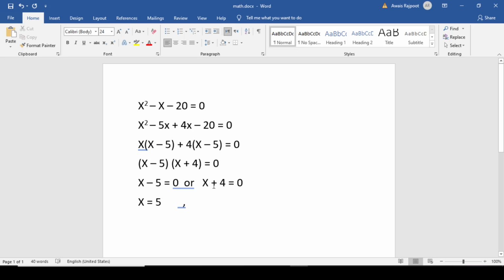This is plus 4 on the left side, so I move it to the right side. x is equal to minus 4. Hopefully you understood it in a better way. This is our first question's answer.